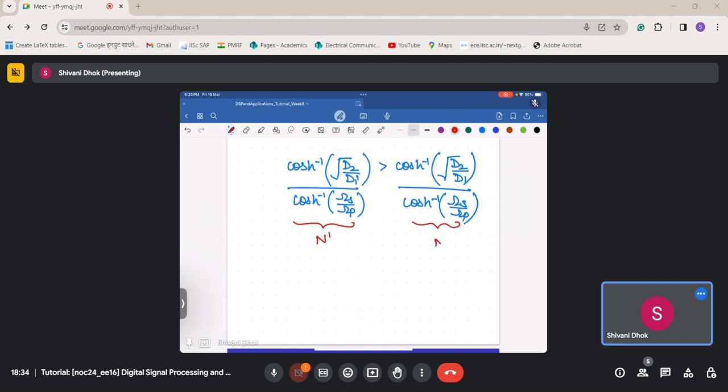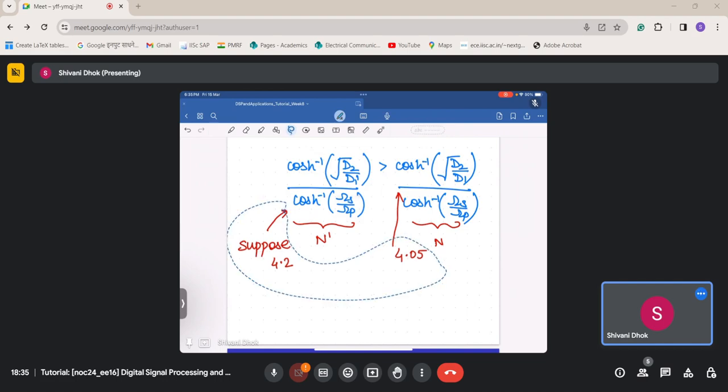Now suppose this ratio is 4.2 and this ratio is 4.05. This is just an example, may not be true, just a simple example I am giving.